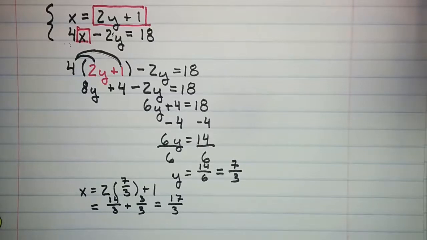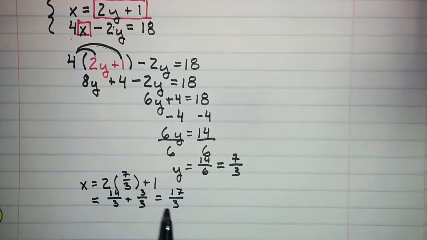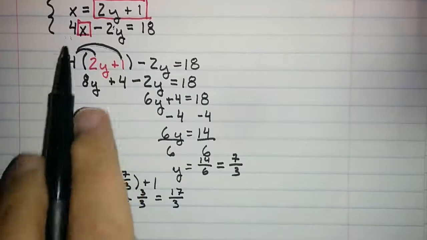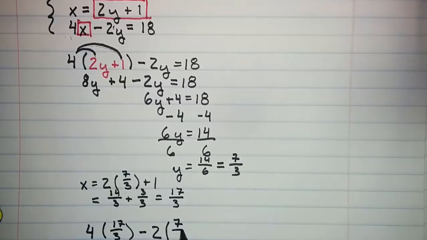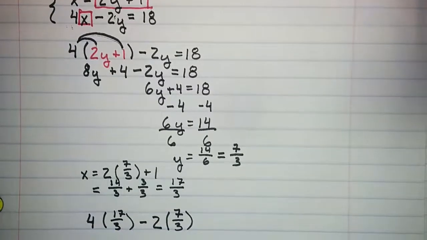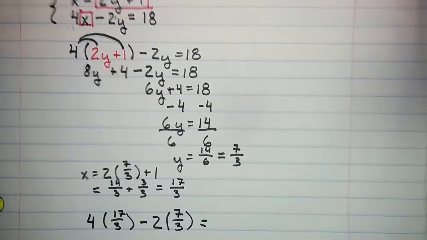Did that really work? Let's see. 4 times 17/3 minus 2 times 7/3. Let's see, 4 times 17 I am going to ask a calculator about off camera.